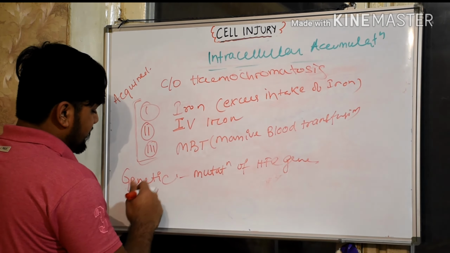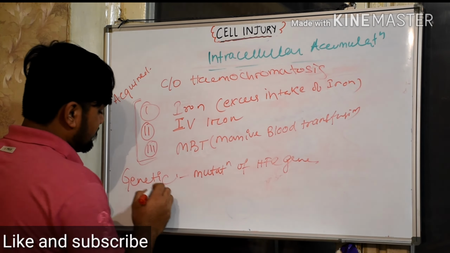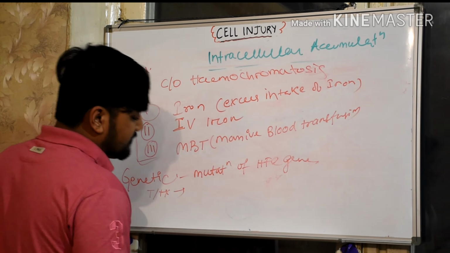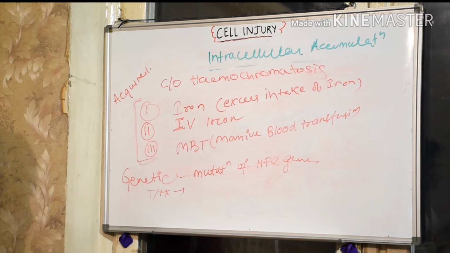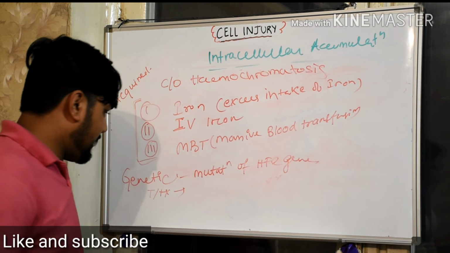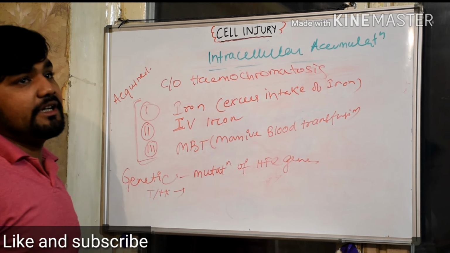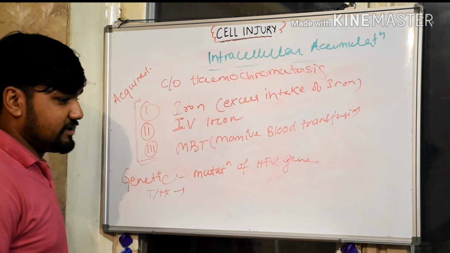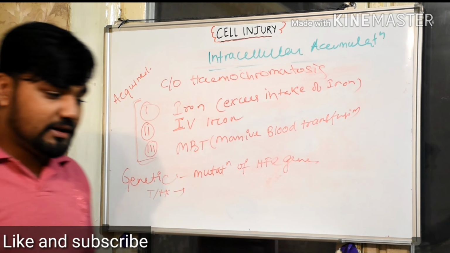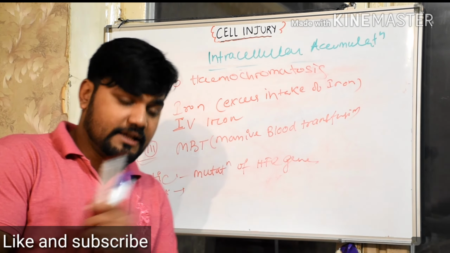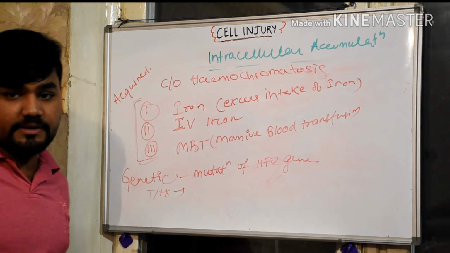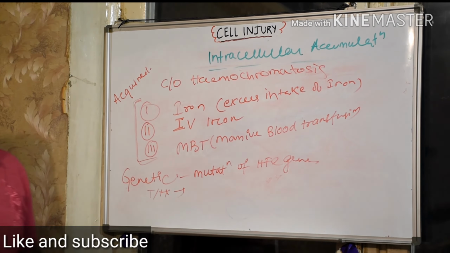Okay, now the treatment. We studied what it is, then the causes, now the treatment. The treatment is very easy. As you know, this is due to accumulation of iron, so what will we take? A chelating agent of iron. Chelating agent means those substances that will bind the iron from different sites and take it out from the body.